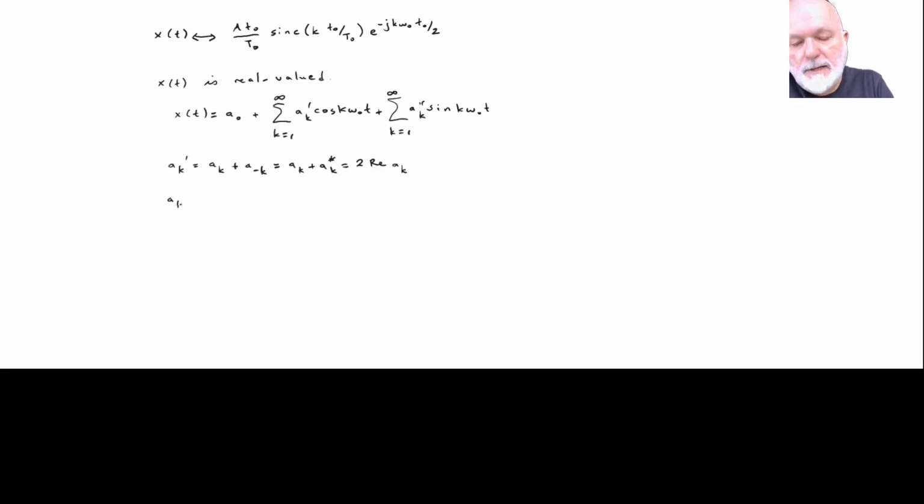So ak prime, now this is ak in our case, ak prime will therefore be equal to 2 a t0 over capital T0 sinc k t0 over capital T0 cosine k omega 0 t0 over 2.